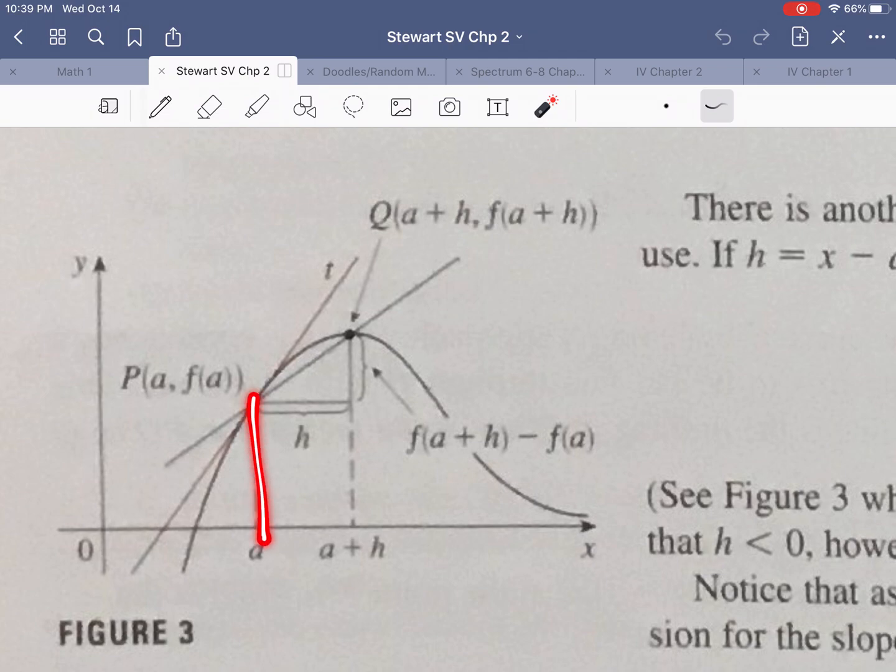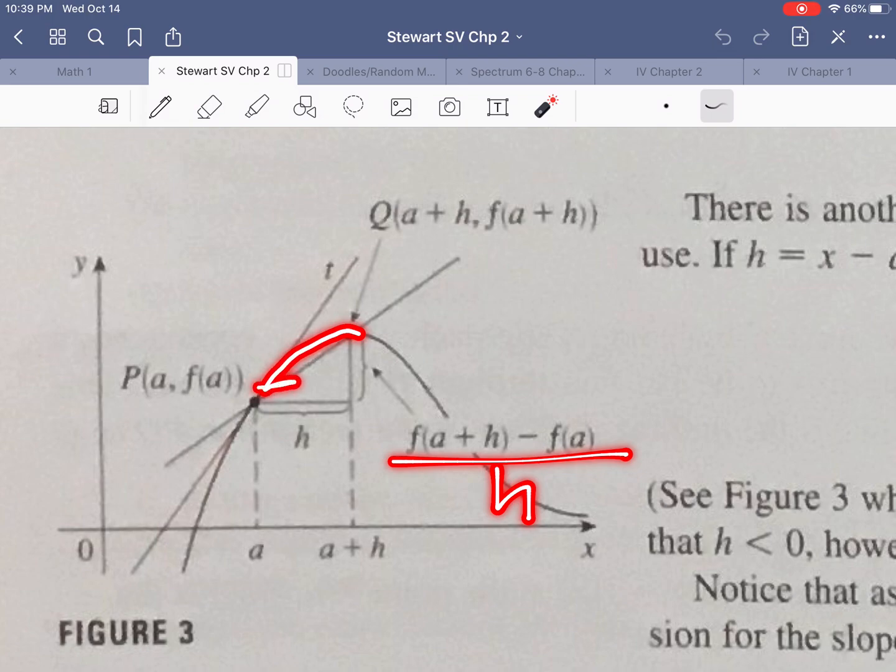You have a certain point, (a, f of a), and then a certain distance away from there, let's call it h, so your input becomes a plus h, and your y value is f of a plus h. So the change in y is f of a plus h minus f of a, and the change in x is h. So the slope of this line is f of a plus h minus f of a, all over h.